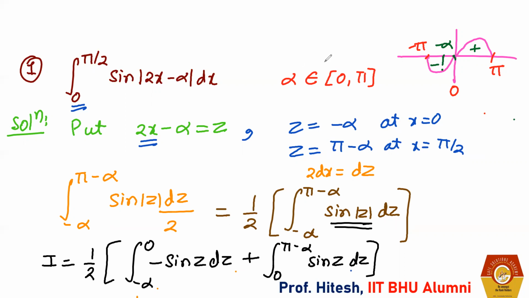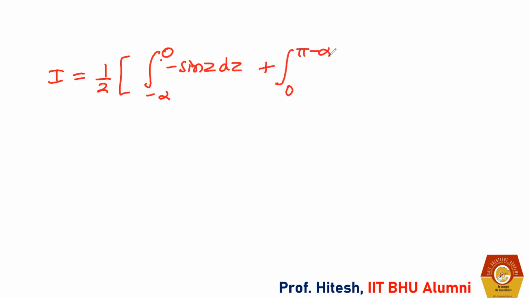So let me clear this now. So I is equal to 1 upon 2, and the integration of minus sin z is minus the integration of sin, which is cos. So the integral from minus alpha to 0 of minus sin z dz plus the integral from 0 to pi minus alpha of sin z dz.